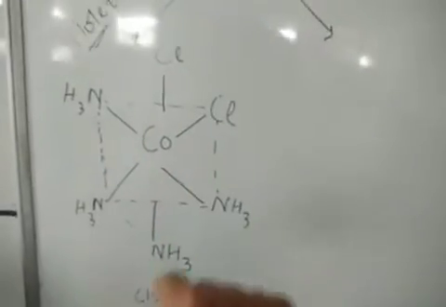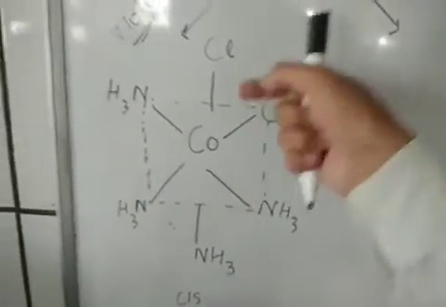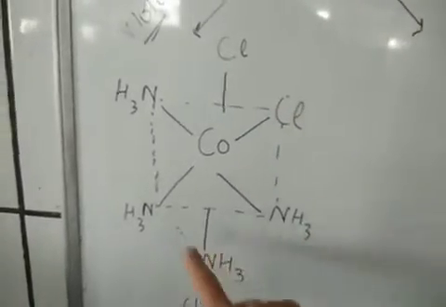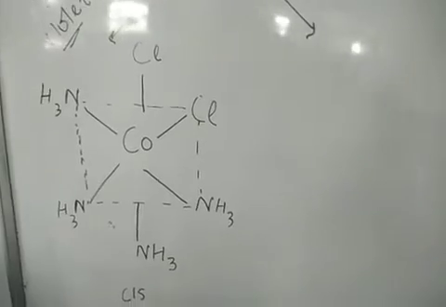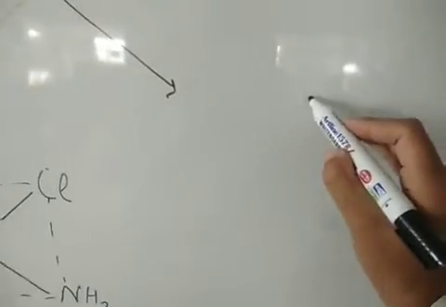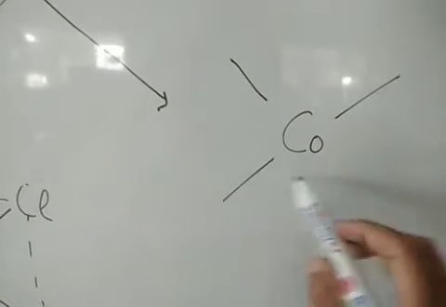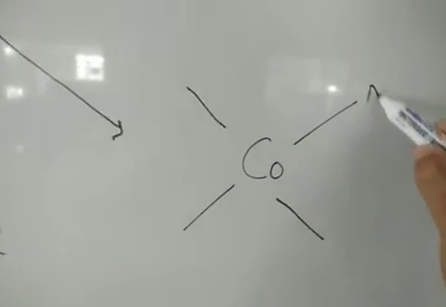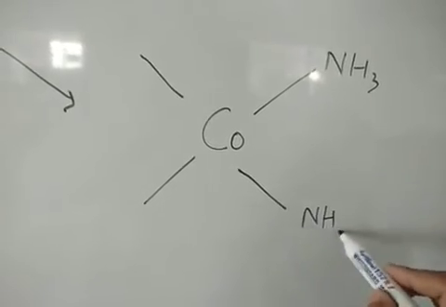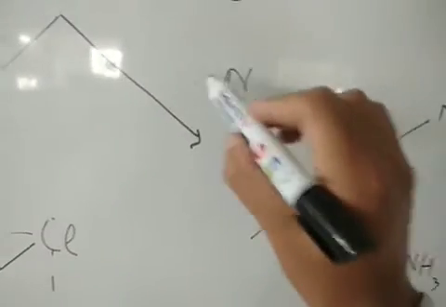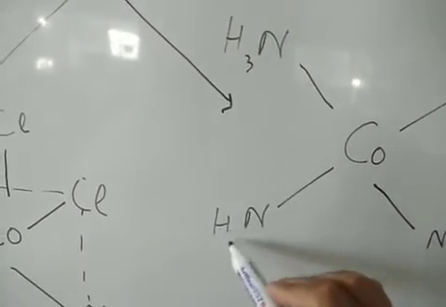Now we'll take the trans of this. So for the trans of this, what we'll do, we'll exchange it. That means we'll take this chloride here and this ammonia here. So you have a cobalt here. These are 4 at 4 corners. Fine. So this is your ammonia ligand, another ammonia ligand, and another ammonia ligand, another ammonia ligand.